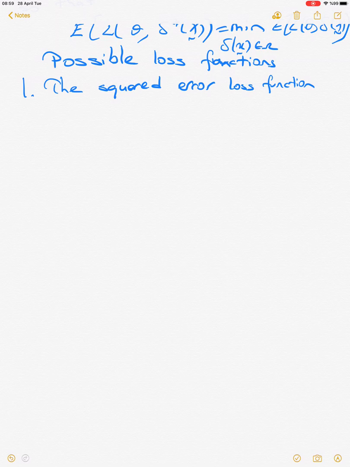But depending on your problem, you can consider different types of loss functions, and you have to consider the shape of the loss function when you take the derivative of the expected loss or risk function.